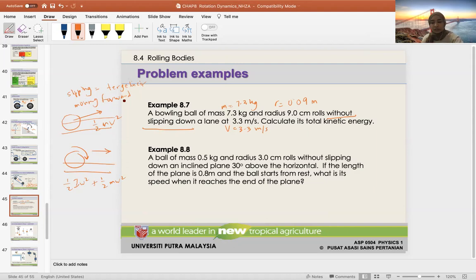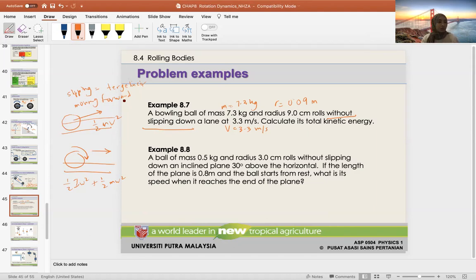Sama juga macam kereta, when the tire loses grip from the road, dia dah tak ada friction kan? It just gelincir. It does not rotate. That's why we lose control of the car. Bila hujan, there's no friction, tergelincir. The tire is no longer rotating, but it's slipping. So it only has 1/2 mv squared.